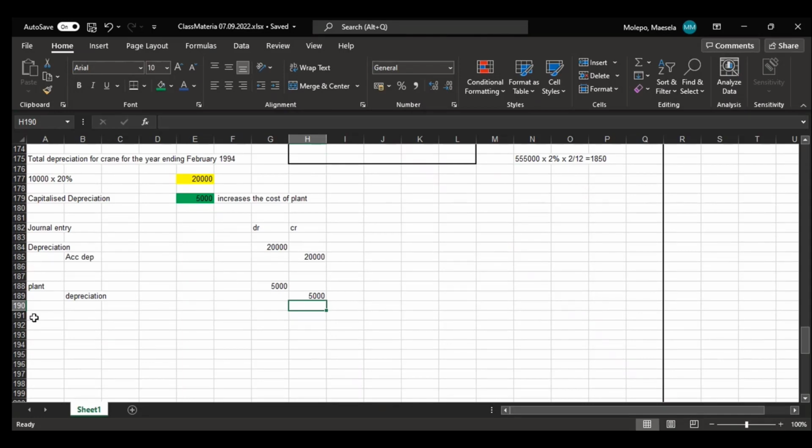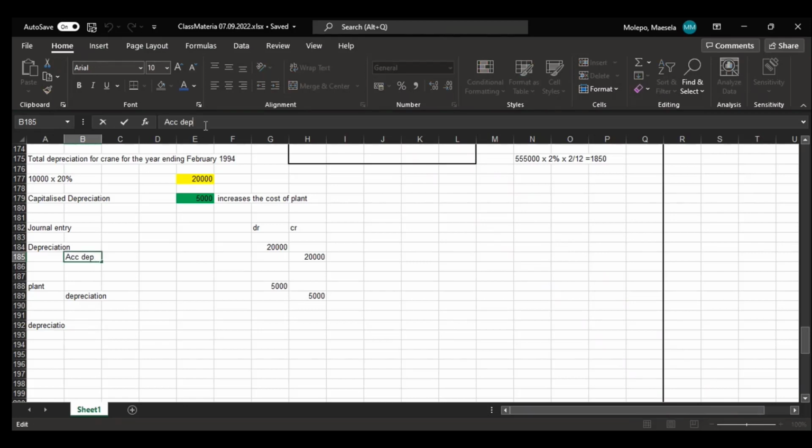Then we do the depreciation journal for the plant itself. So it will be depreciation on the debit side, and then accumulated depreciation for the plant, separate from the accumulated depreciation for the crane.